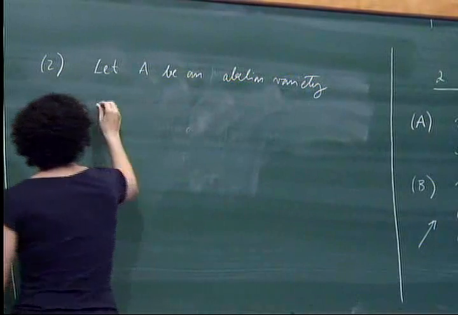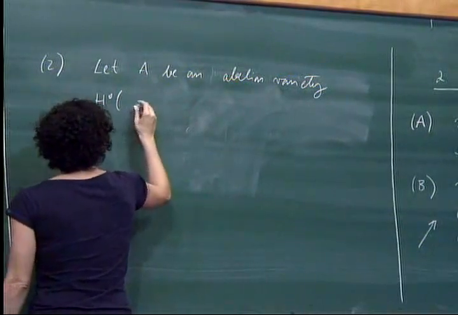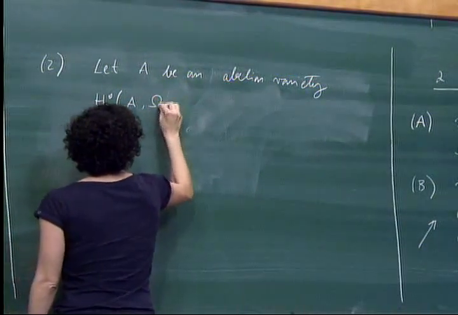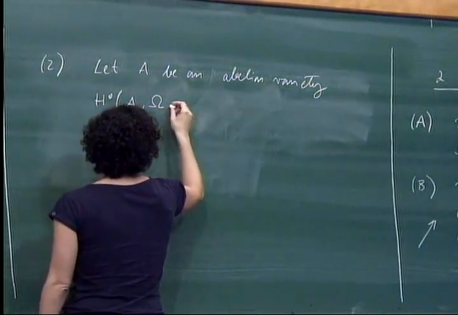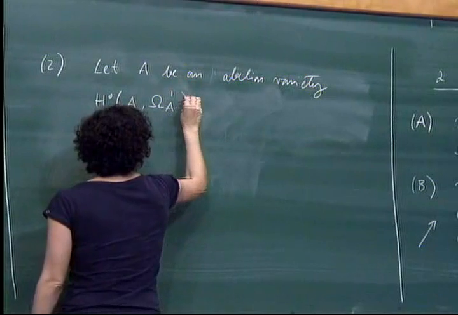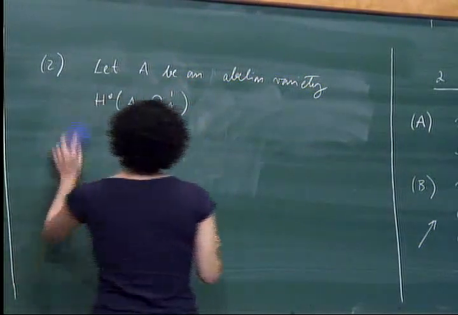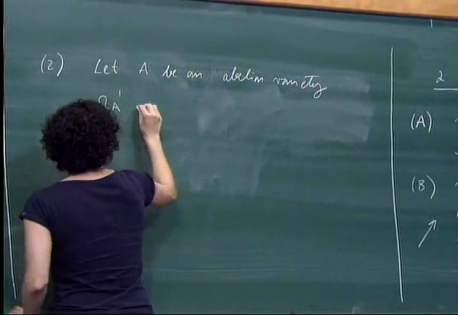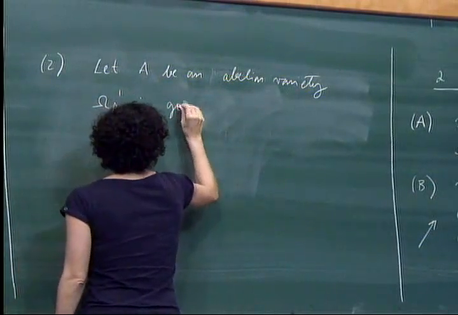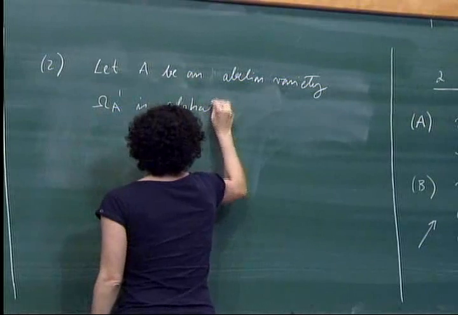Then again, we know that the space of global one forms on A is globally generated.